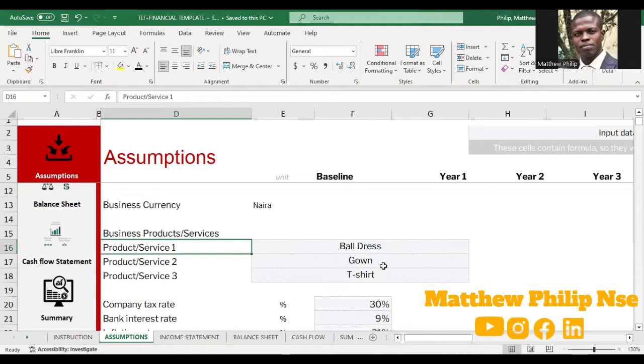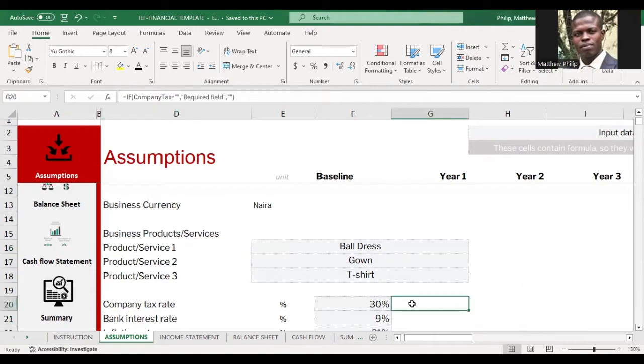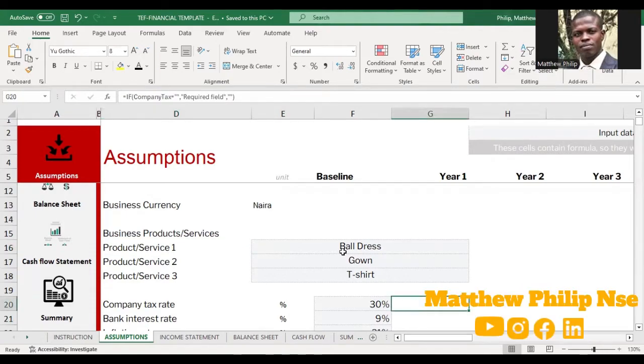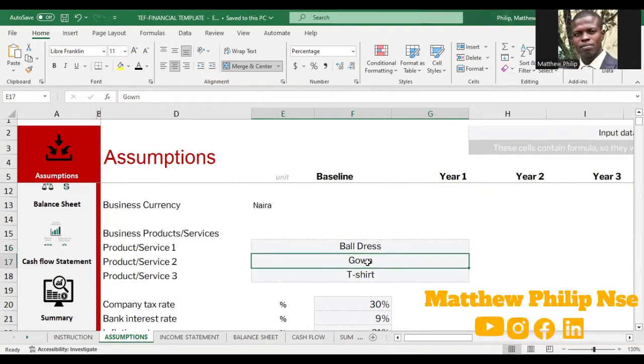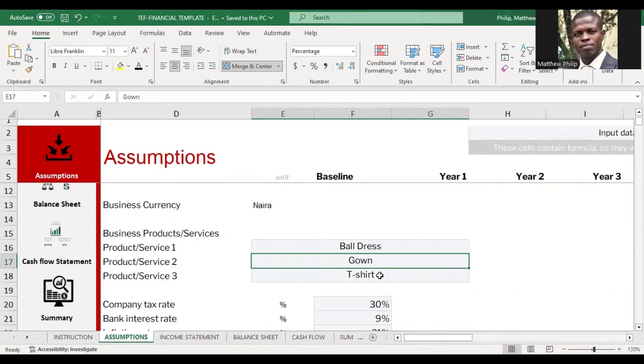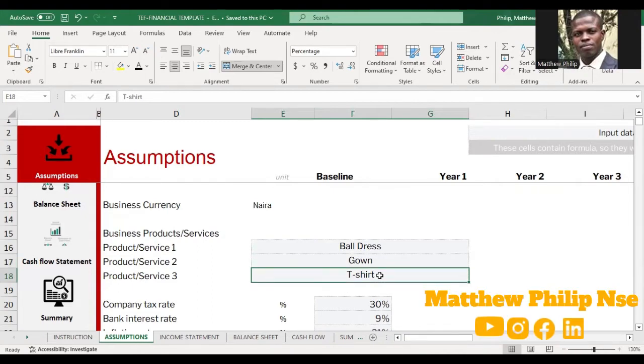Product 2 is gown. Product 3 is t-shirt. Someone who is into poultry can say product 1 can be crate of eggs, product 2 can be sales of spent birds, and product 3 could be chicken droppings or manure.